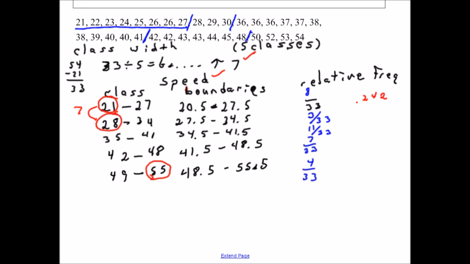I didn't use 56 instead of 55. I check these boundaries. Are they appropriate? Not a 26.5 instead of 27.5. Then lastly, I look over here at your relative frequencies. So that's the way to set up and create that table, and it's also showing you what I'm going to be requiring as you create these.